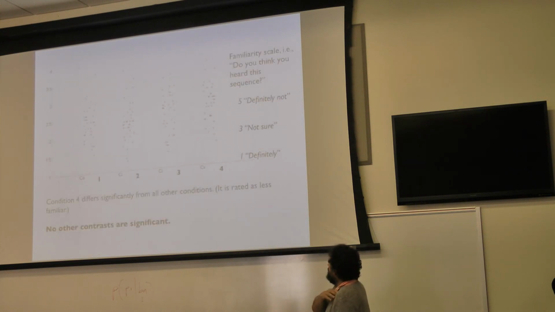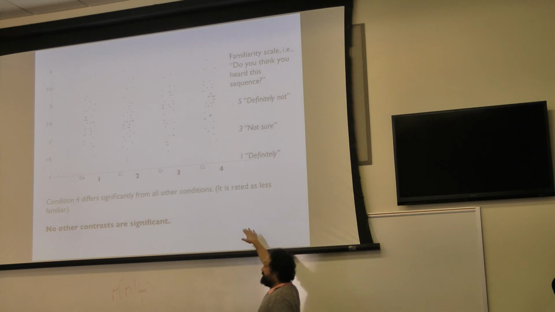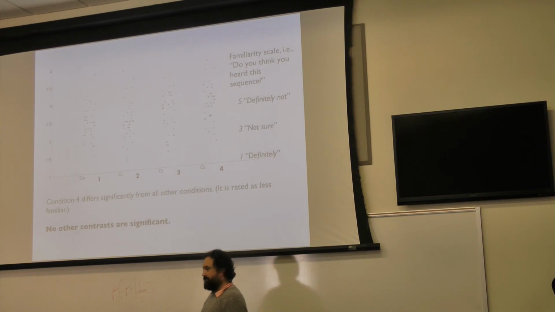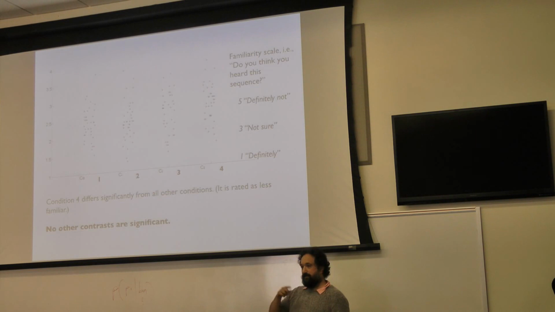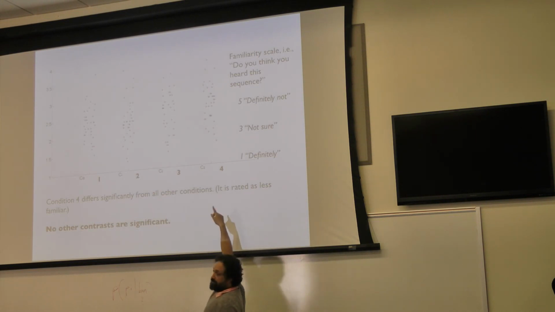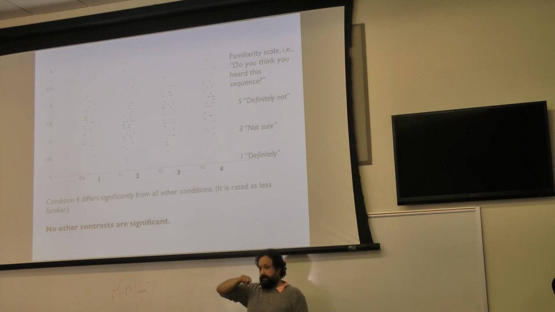When we finally look at the data, the only condition that's different from the other conditions is condition 4. So you don't really treat words as different from part words. You don't really treat the part words as different from repeated items, but you really don't like the items that start in a quadrant and then go in the wrong direction given where you started out.